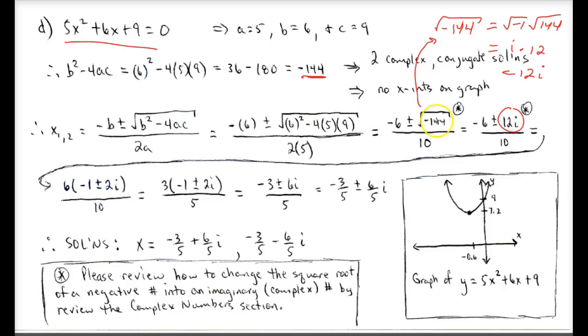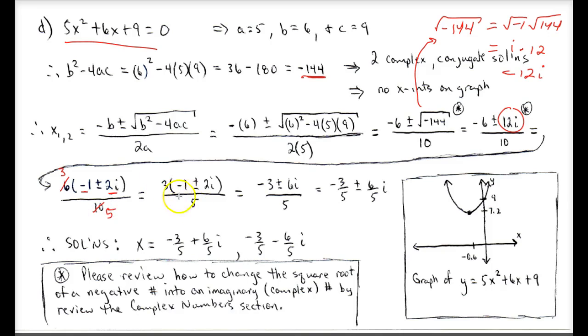From that point, we see that both terms in the numerator have a common factor of 6. So we factor that out, and we have a negative 1 in the first term and 2i left in the second term. From this point, we see that both 6 and 10 have a common factor of 2. 2 goes into 6 3 times, and 2 goes into 10 5 times.